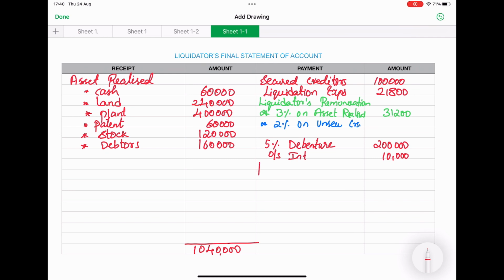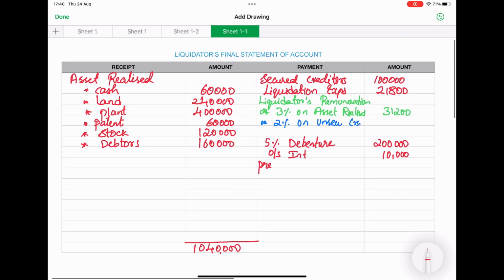Next we can pay the preferential creditors. So debentures we have paid, and outstanding interest on debenture also we are going to pay. Next step, preferential creditors. Preferential creditors are valued at 30,000. Next we are going to pay unsecured creditors, isn't it? Whether the unsecured creditor is going to get the full value or not.